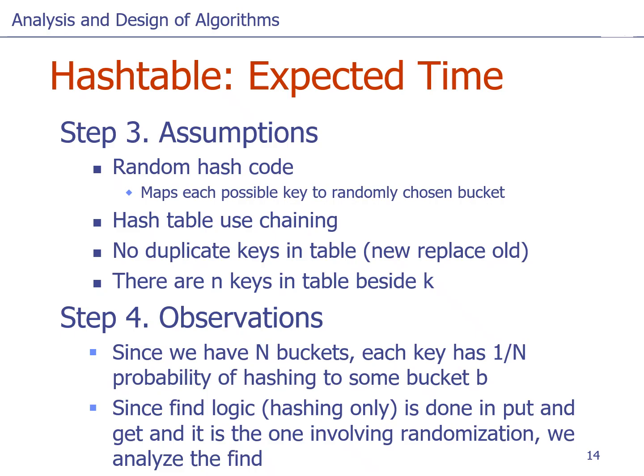Now, let's build some observations, and here the observations must start to rely on probability, because we're doing randomized analysis. So here is my first observation. Since we have big N buckets, each key has a probability of 1 over big N of hashing to some bucket.